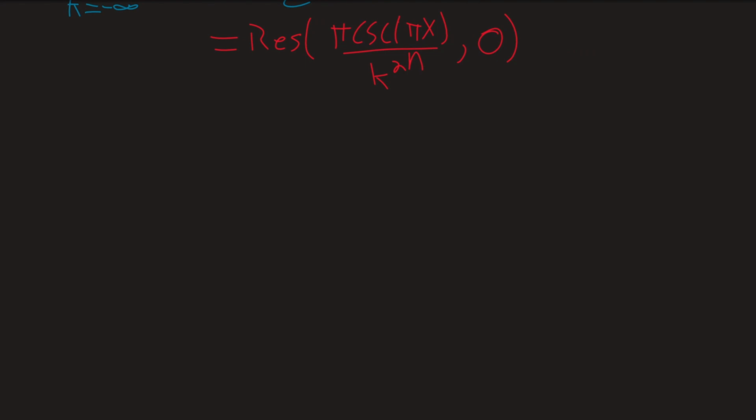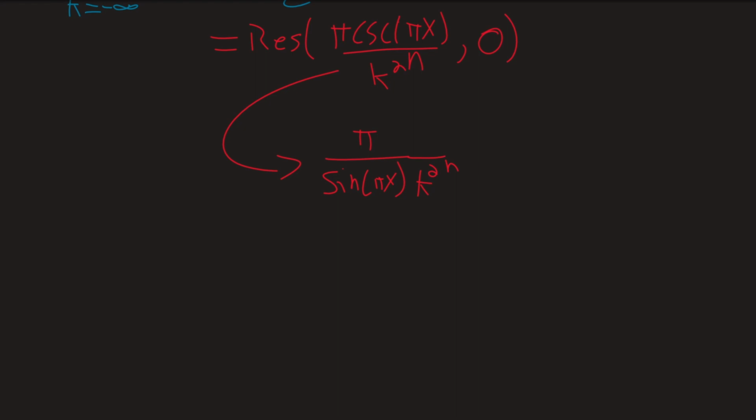I'm going to write out the entire formula for once. First I'm going to rewrite this slightly differently: pi over the sine of pi x times k to the 2n, because I don't like cosecant, and this makes what I'm about to say clearer.